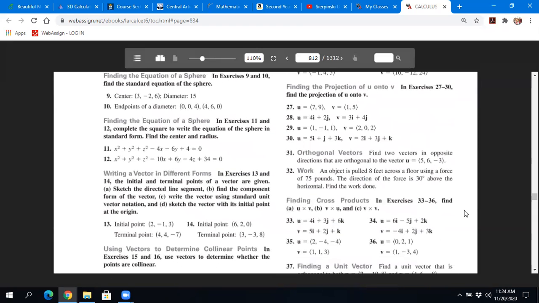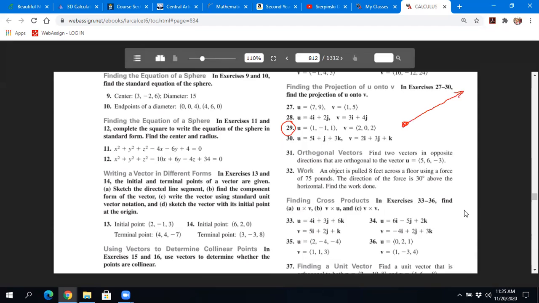Okay, so like 29, for instance. It says find the projection of U onto V. Now, if you forgot the formula for projection, you can kind of come up with it again.